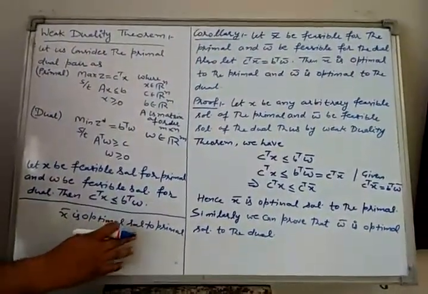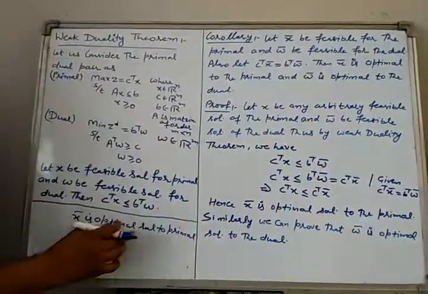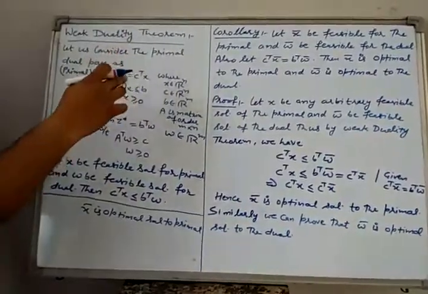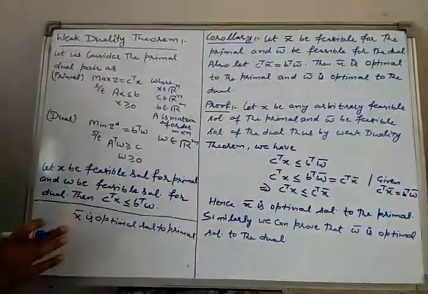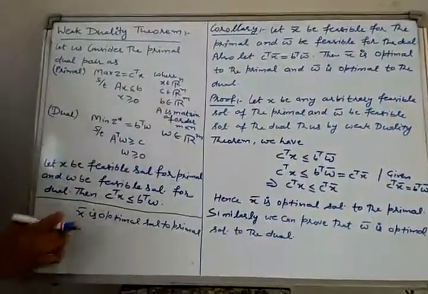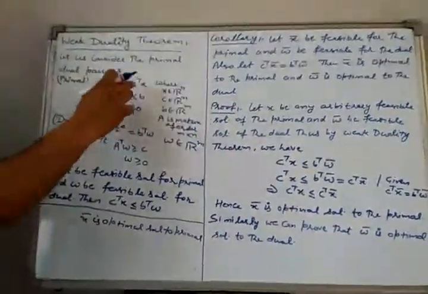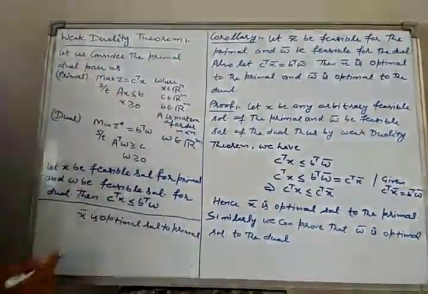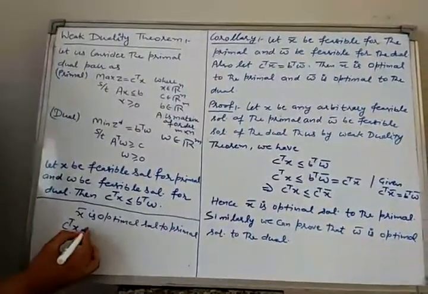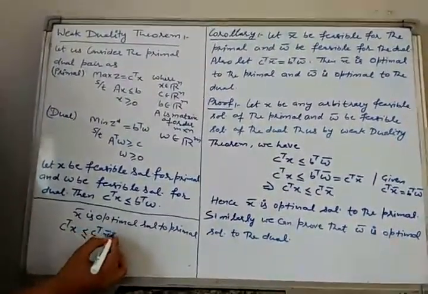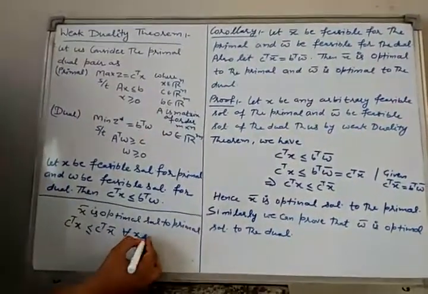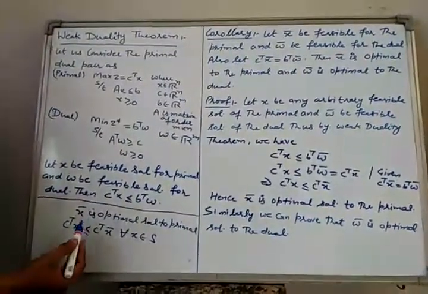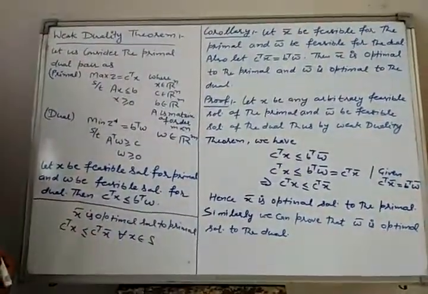An optimal solution is that solution which gives the maximum value to the objective function from all the feasible solutions. In our case, as primal is a maximization problem, we say X bar is an optimal solution if we prove that C transpose X is less than equal to C transpose X bar for every X in the feasible solutions.